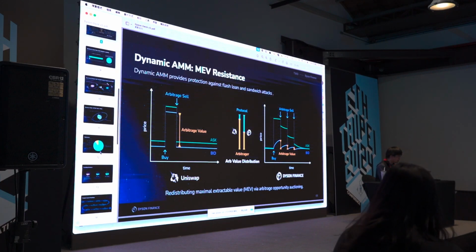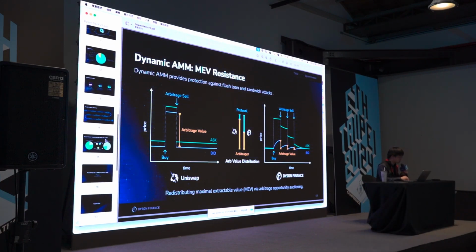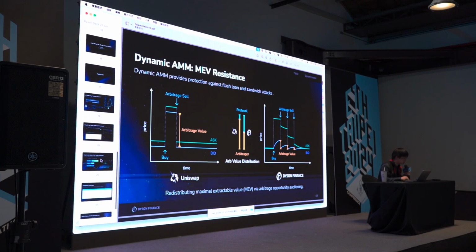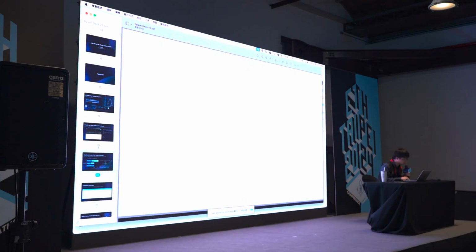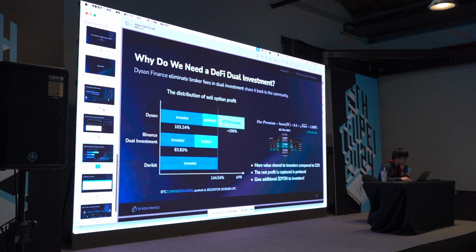Yeah. And one last part I would like to mention is how we perceive Dyson Finance ourselves. If you have ever used CeFi platforms such as Binance, you probably will know there's a structured product called dual investment, exactly the same as us.